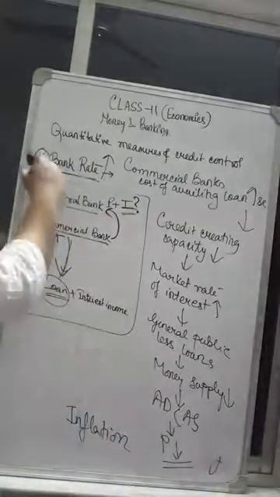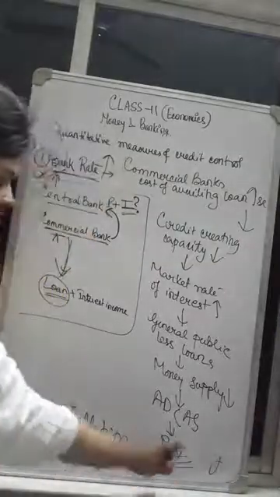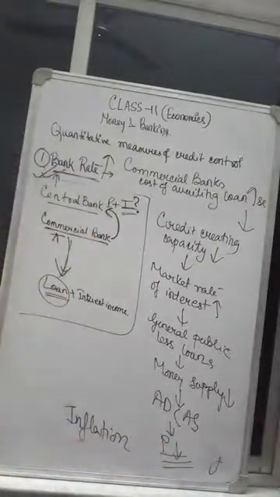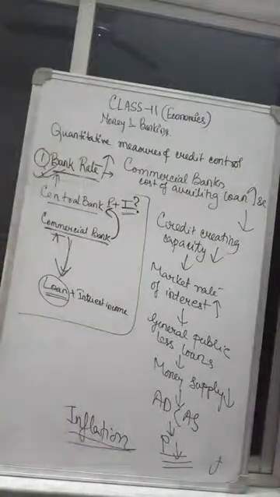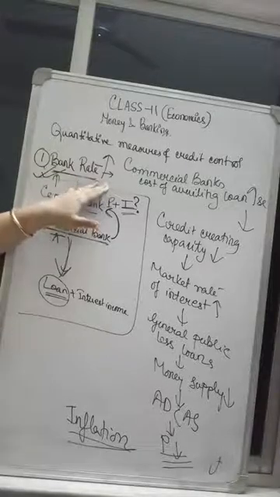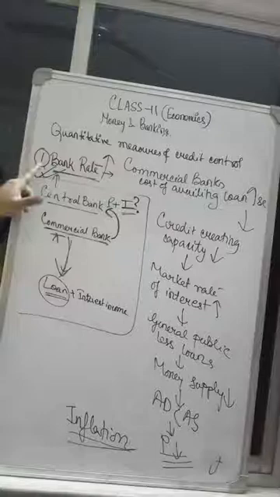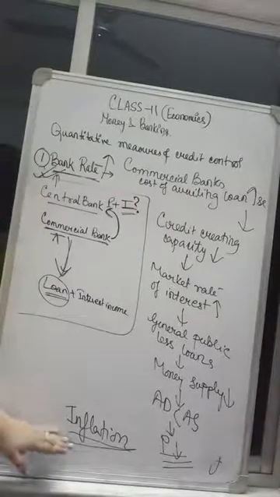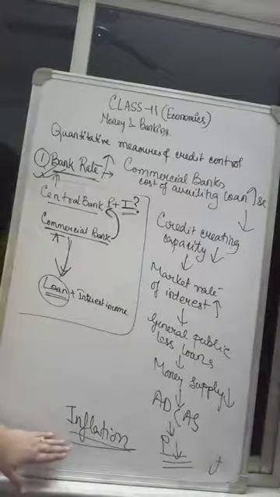So when the central bank takes such a step to reduce the price, it means in the previous period there was very high price or there was a problem of inflation in the economy. So bank rate increase taken up by the central bank is a quantitative measure which tries to solve the problem of inflation that persisted in the economy.